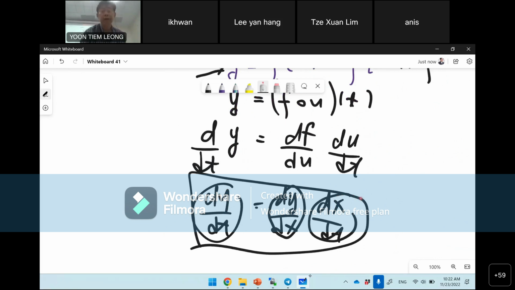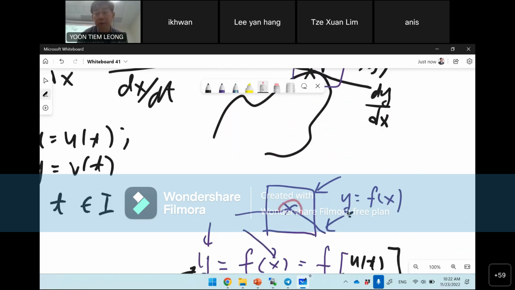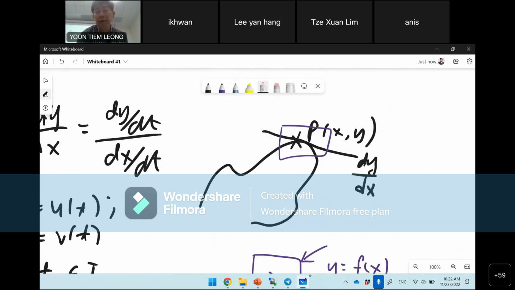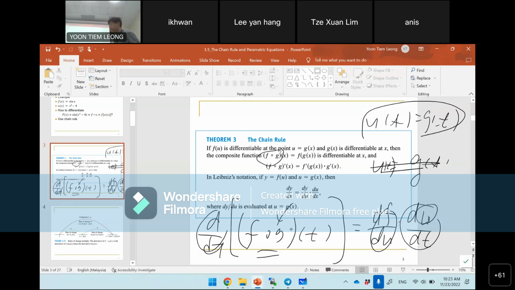So with this and this, then you can calculate the dy dx that represents the slope of the tangent line that is touching the point. So that is how we arrive at this formula.